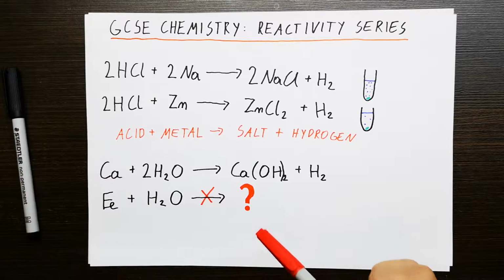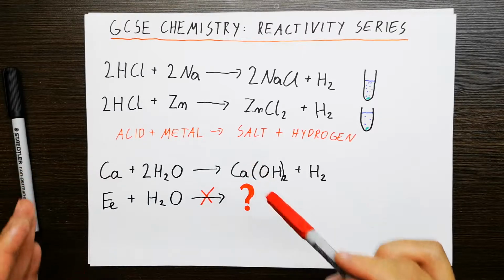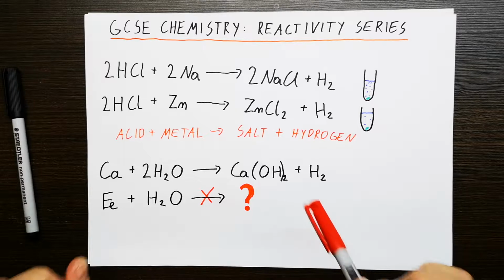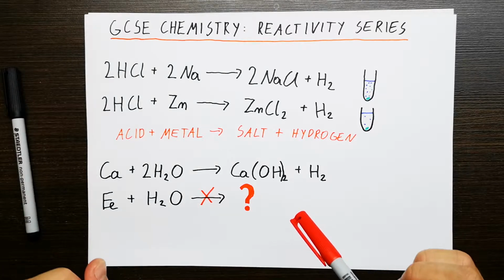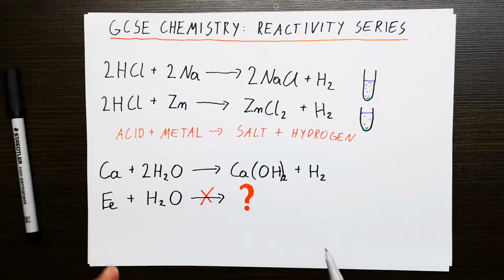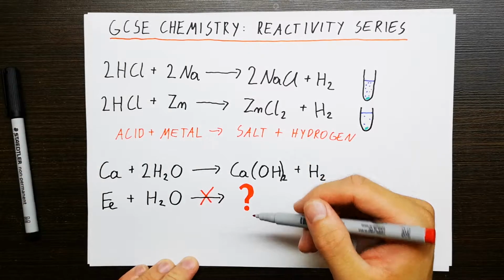So, what is happening? Why is that happening? Again, that is because of reactivity series. Now, I'm getting to that. I will just give you a formula for metals with water.